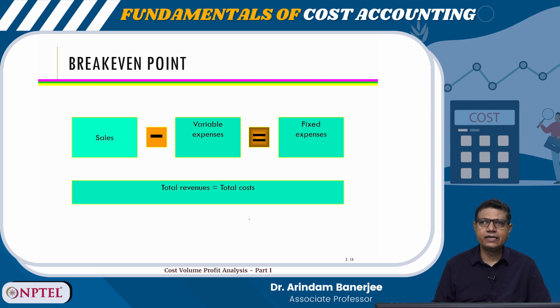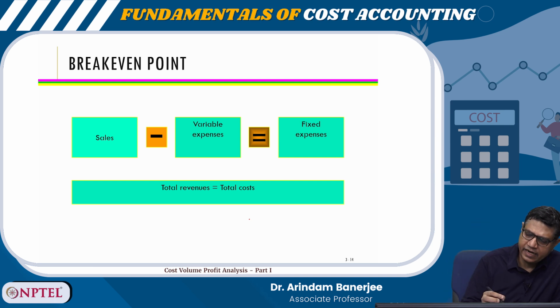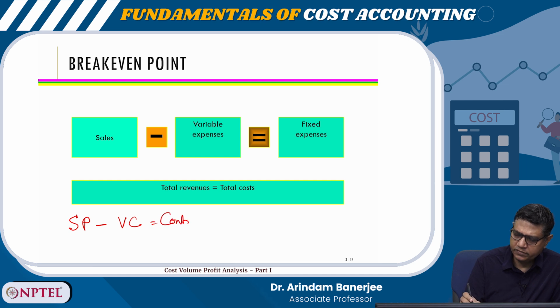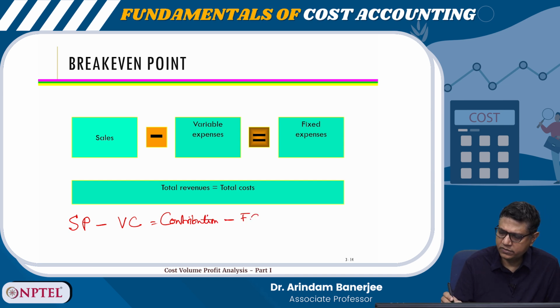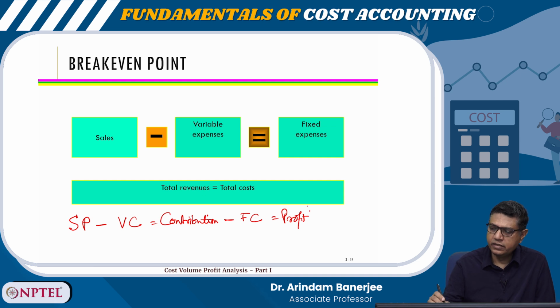Selling price minus variable cost is equal to contribution, minus fixed cost is equal to profit, right. So, in case of BEP, this profit is 0, right.